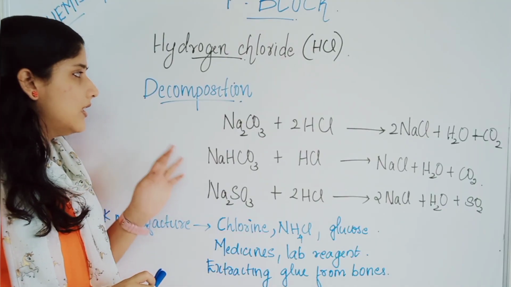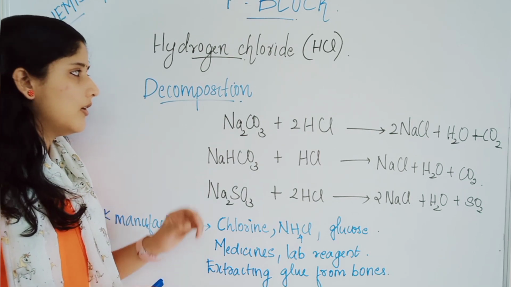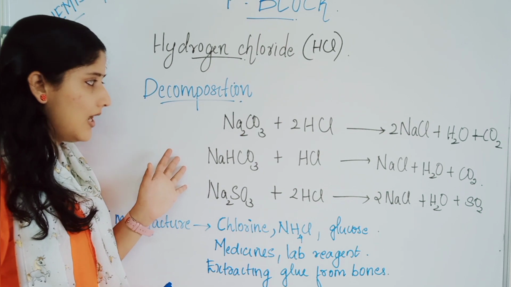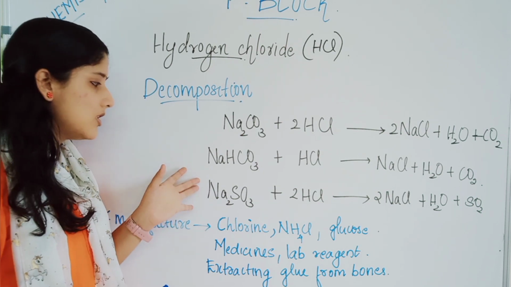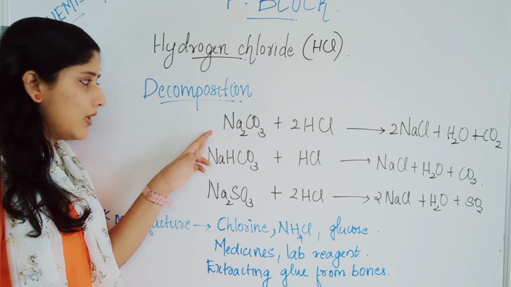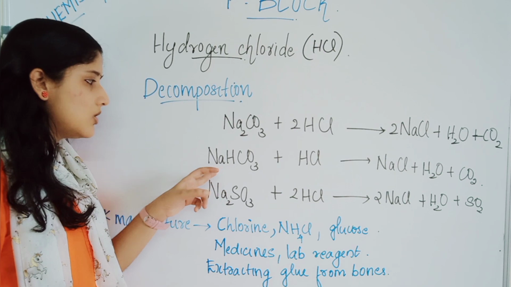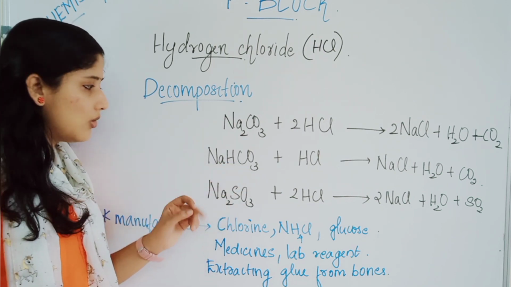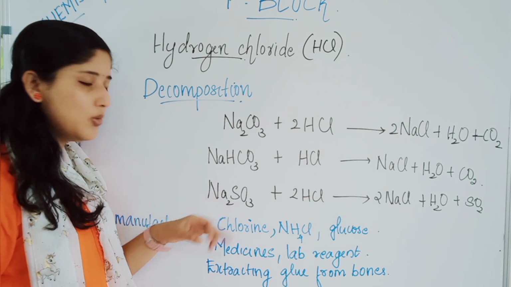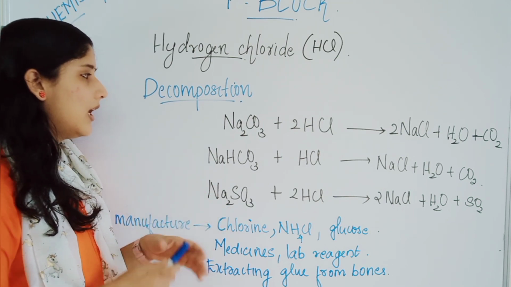Next, the decomposition reactions of hydrogen chloride. Hydrogen chloride will decompose certain materials. They are carbonates, hydrogen carbonates and sulfides. Carbonate, for example, sodium carbonate. Hydrogen carbonate, sodium hydrogen carbonate, NaHCO3, and also sulfides or sulfites, Na2SO3, sodium sulfite.